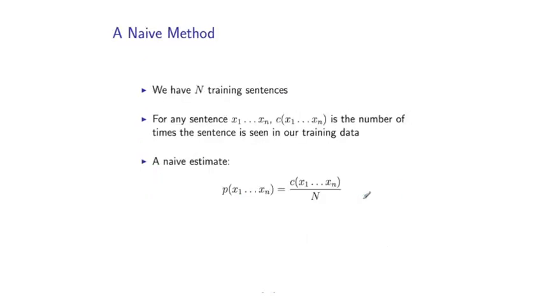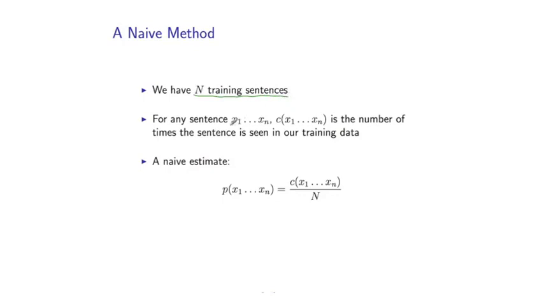Okay, finally, let's talk about a very naive method for language modeling, just to get us off the ground as a thought experiment. So say we have n training sentences, maybe a few million sentences from the New York Times, for example.